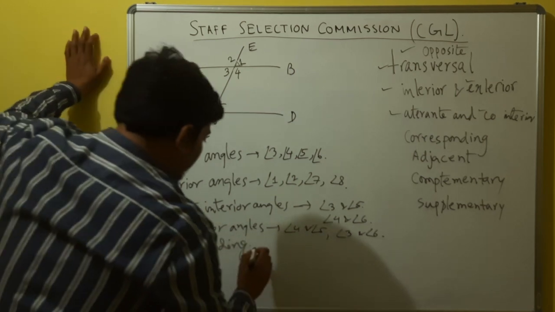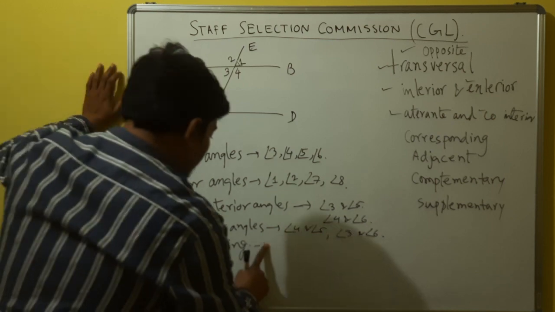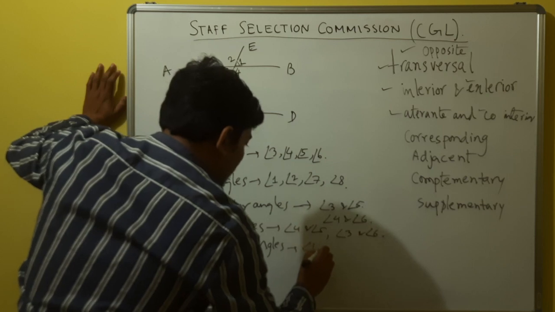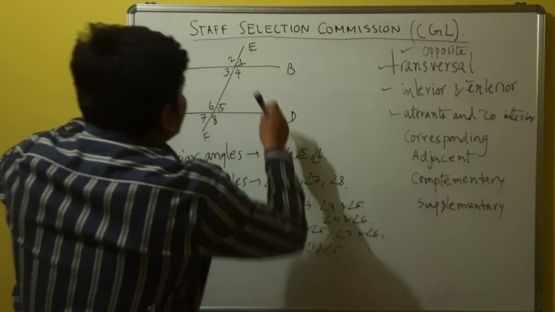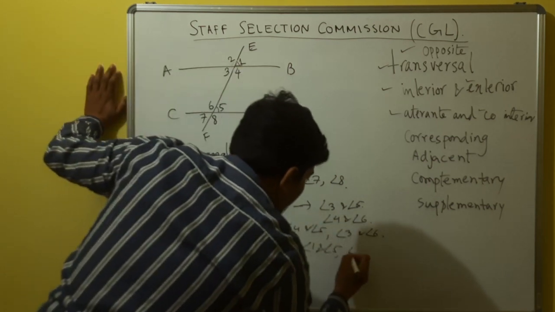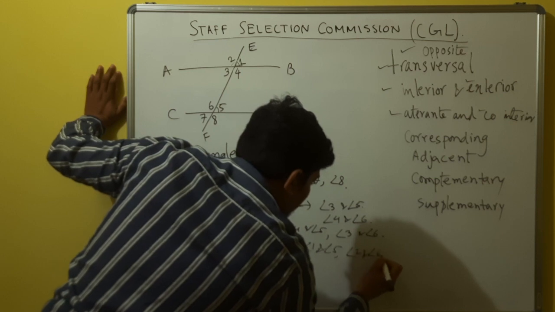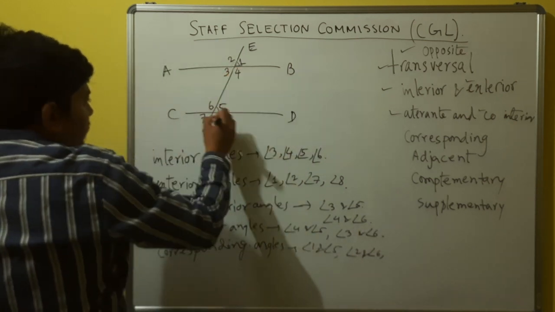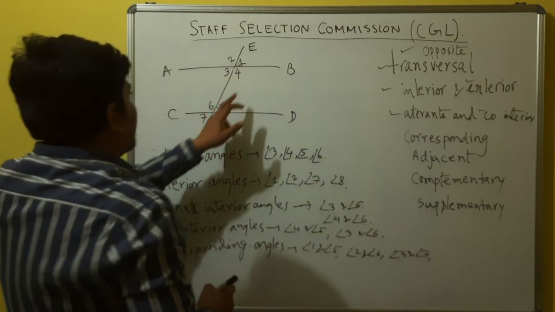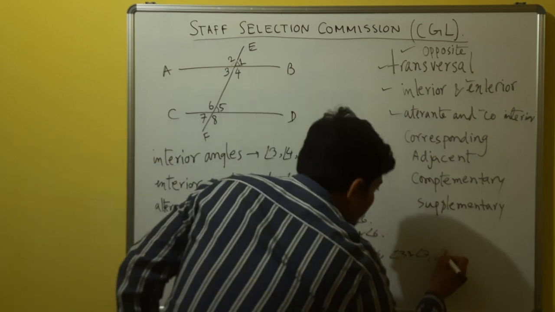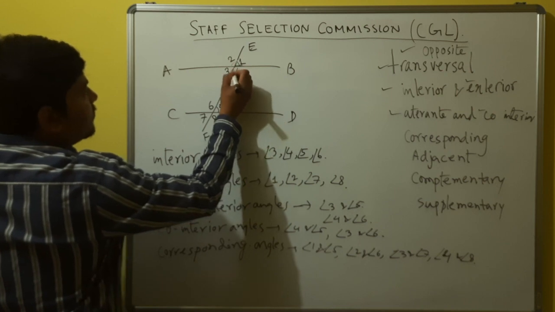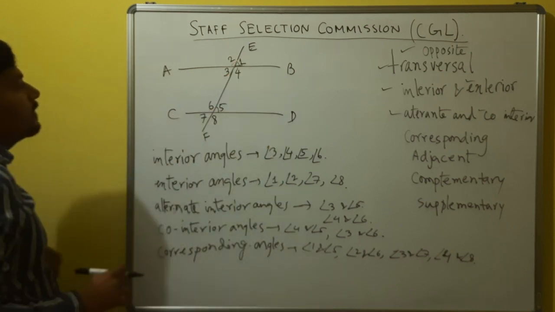So 1 and 5 are corresponding angles. Similarly, 2 and 6, 3 and 7, 4 and 8. You can see there is a very similar one. This one, if you cut it, you can exactly place it here.